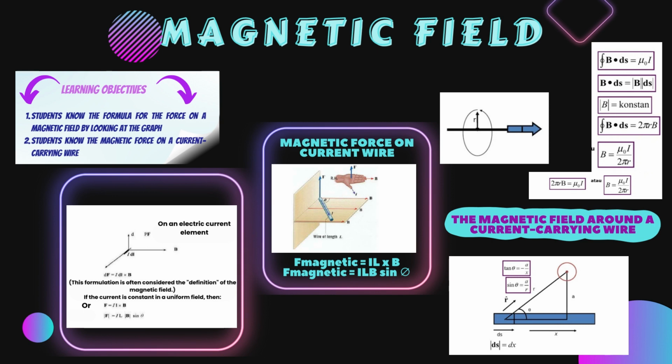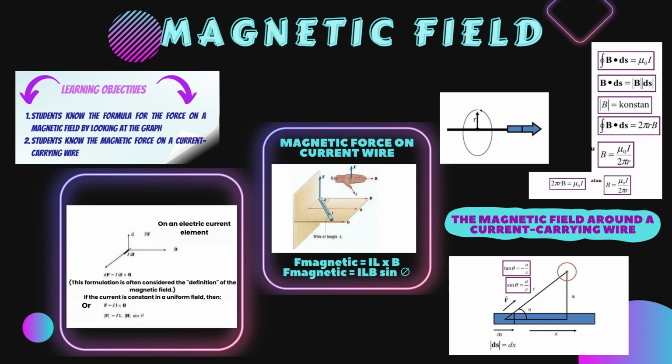The next figure is about finding the formula of the magnetic field B. First, it uses the closed curve integral. The closed curve integral of B times ds equals mu naught times I. B times ds equals the absolute value of B times the absolute value of ds, where the absolute value of B is constant.